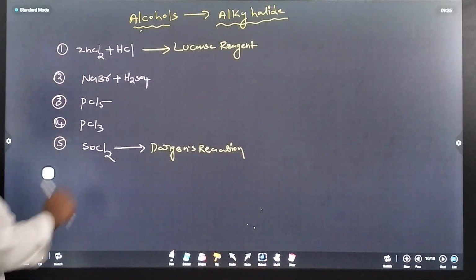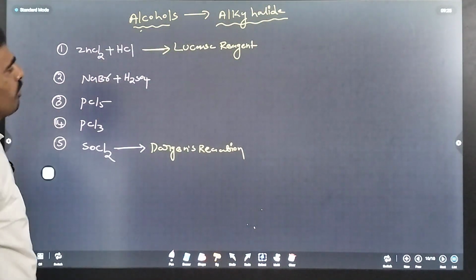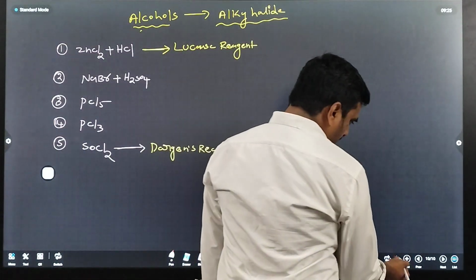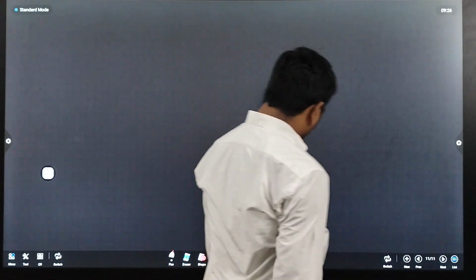So these are the 5 methods of preparation of alkyl halides from alcohols.